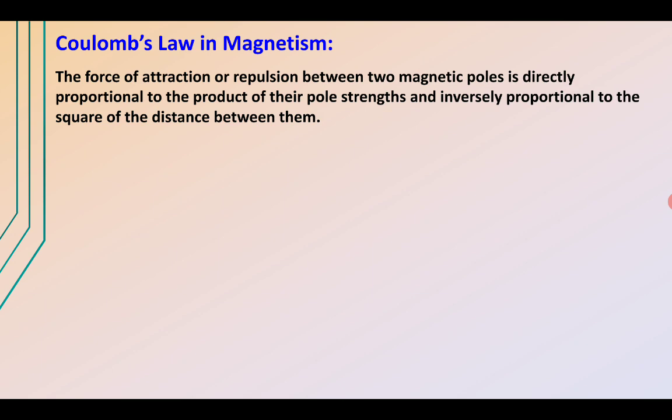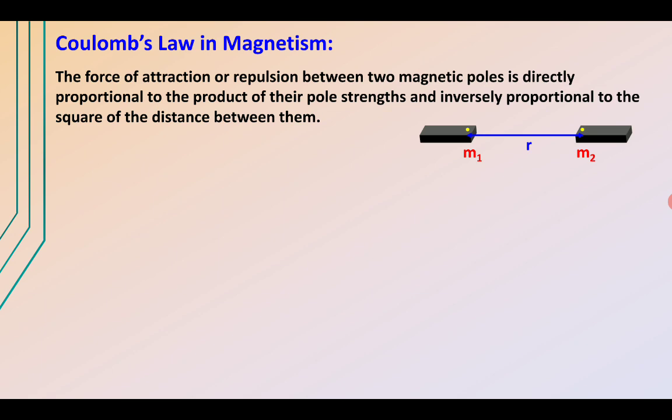The force of attraction and repulsion between two magnets, that is, the poles of the magnets, is directly proportional to the product of their pole strengths and inversely proportional to the square of the distance between them. Now, let us consider two magnets. For one, the pole strength is m1, and for the other the pole strength is m2, and let r be the separation between these two magnets.